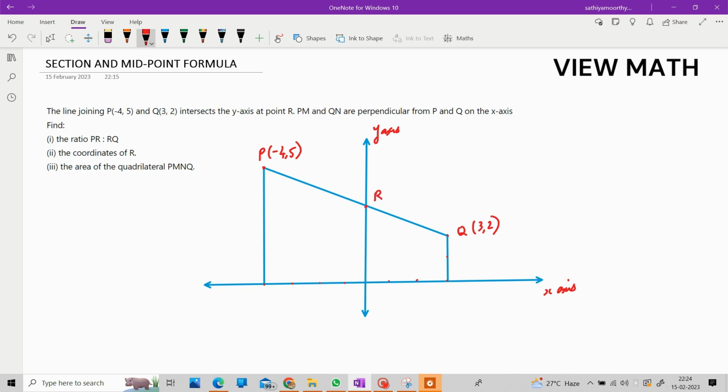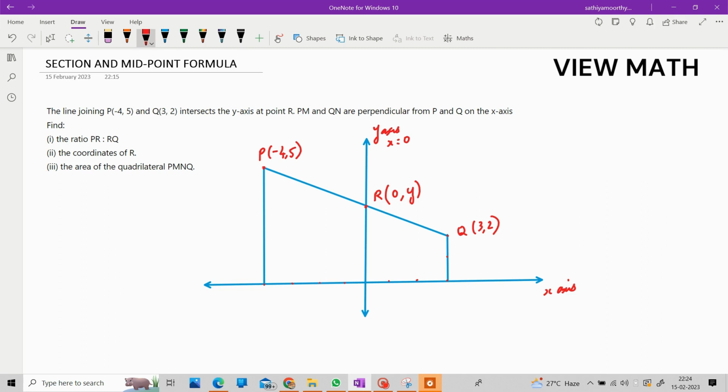Now next, what is the coordinate of R? On the y-axis, x is equal to 0, we know. So I can write the x coordinate is 0, and the ordinate, that is the y coordinate, we don't know, so I'm just taking y. Now next, PM and QN are perpendiculars from P and Q on the x-axis.